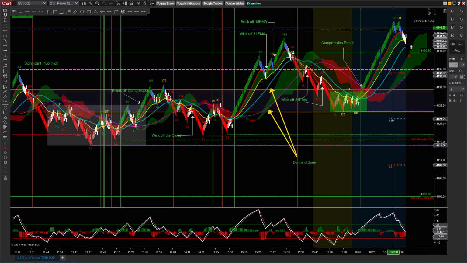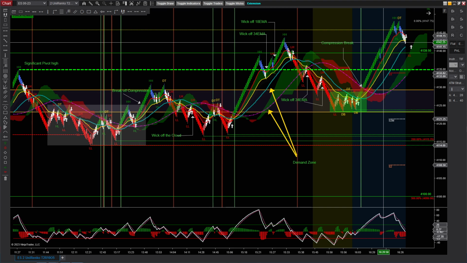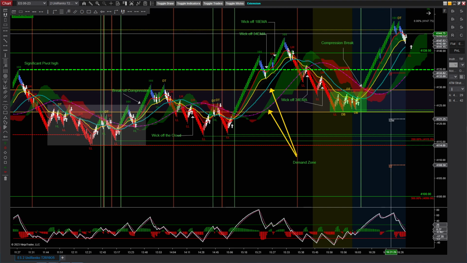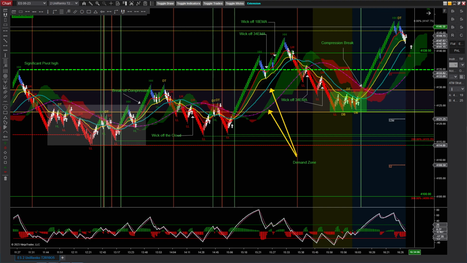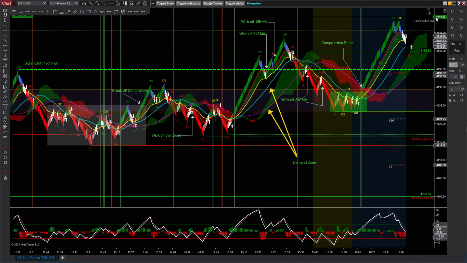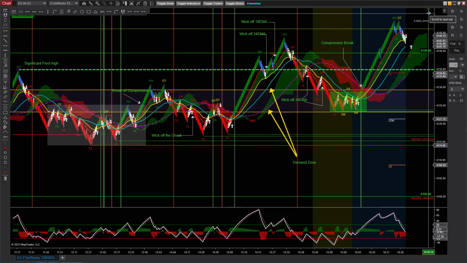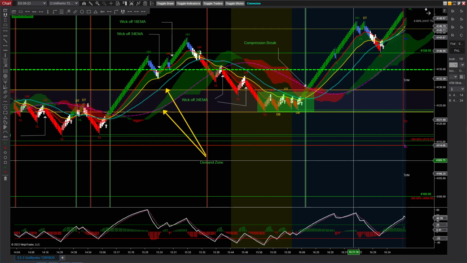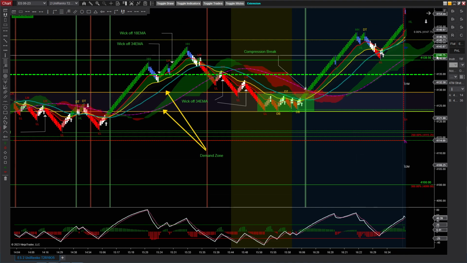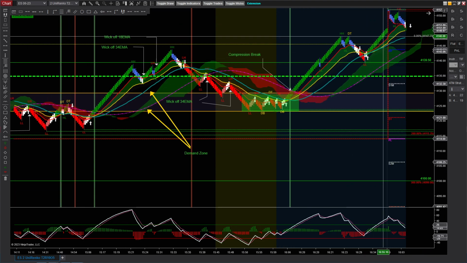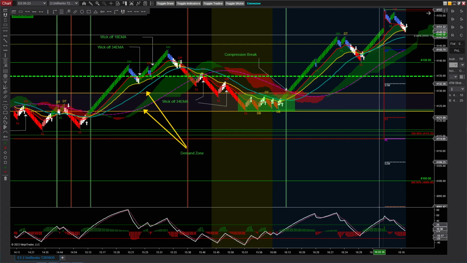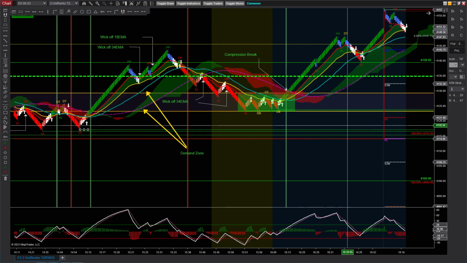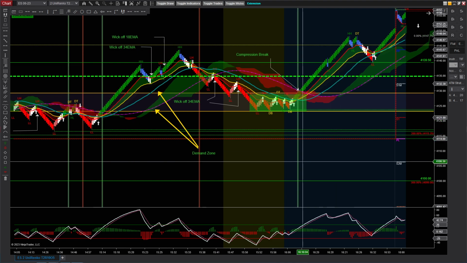I believe it could be because Nvidia was reporting earnings today, and it had a nice upside price reaction. So it continued to go to the upside, and then the market closed up at this level at 5 p.m. Eastern.